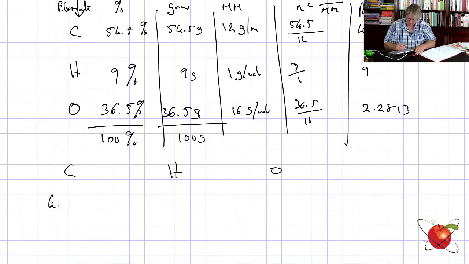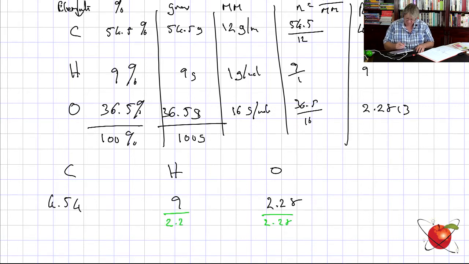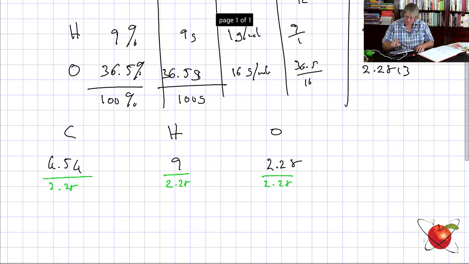4.54, 9, and 2.28. Well, that's a bit of a mess, isn't it? We divide through by the smallest one, so we divide through by 2.28, because we want to simplify it.